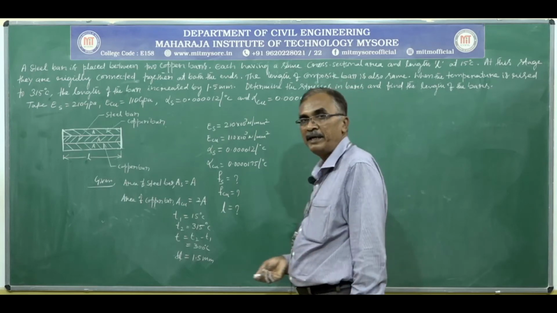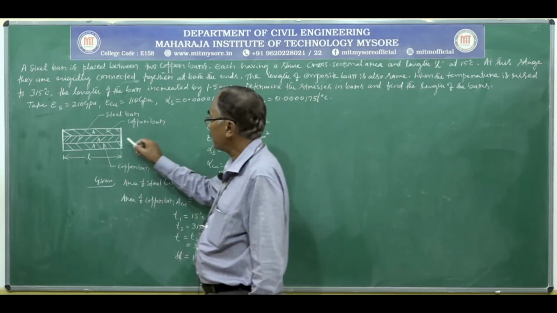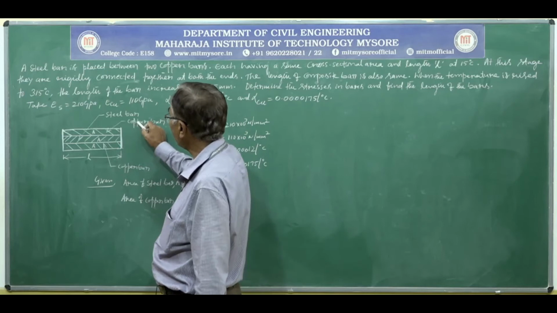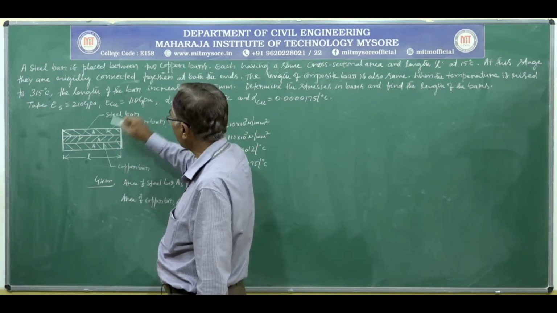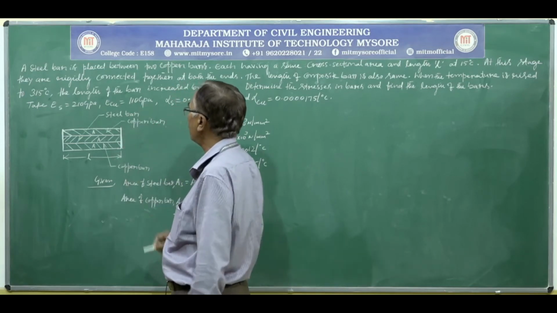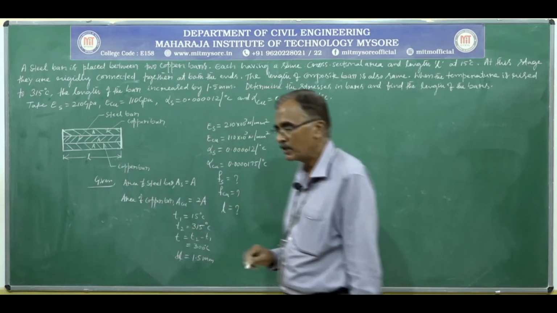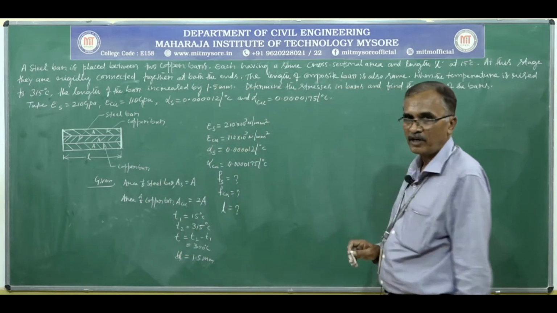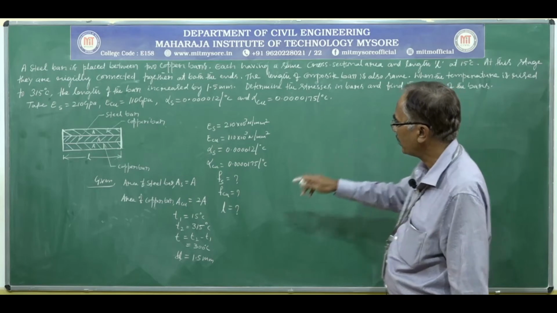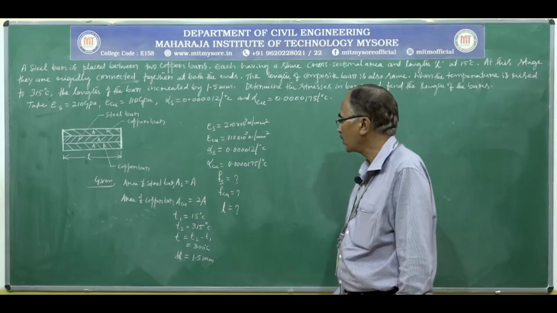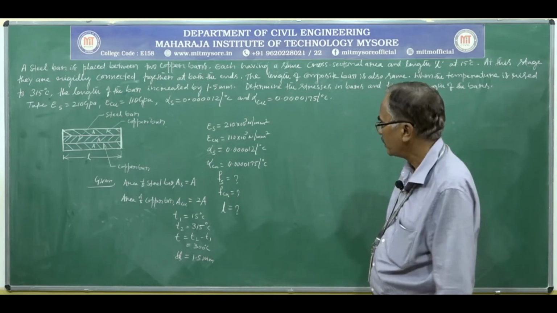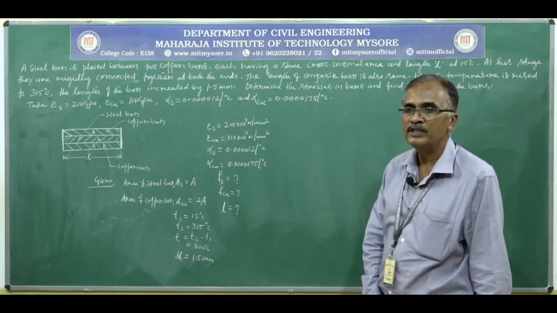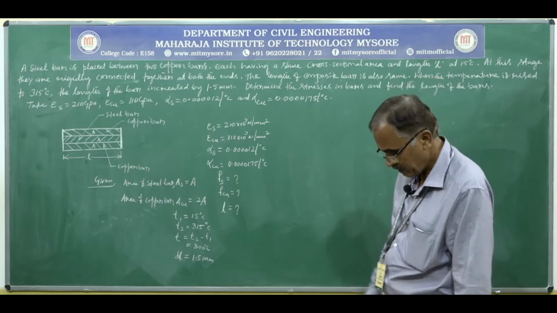Then for compatibility, as compressive force is developed in copper, compressive stress will develop in copper and tensile stress will develop in the steel. Write the expression for compatibility and proceed. You can calculate both stress in steel and copper. Then again consider a compatibility condition.